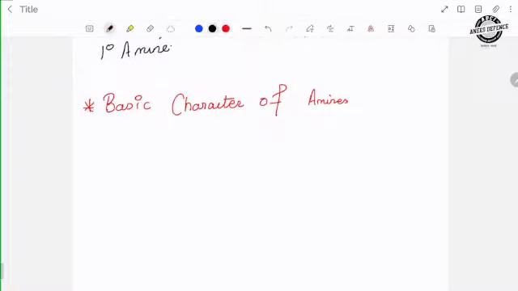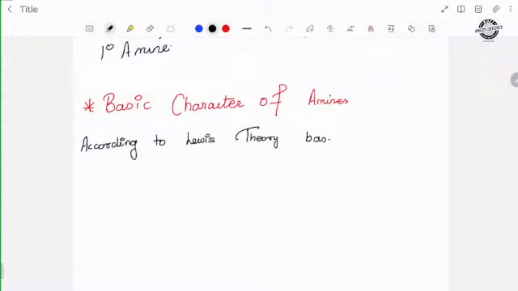According to Lewis theory, bases are lone pair of electron acceptors.